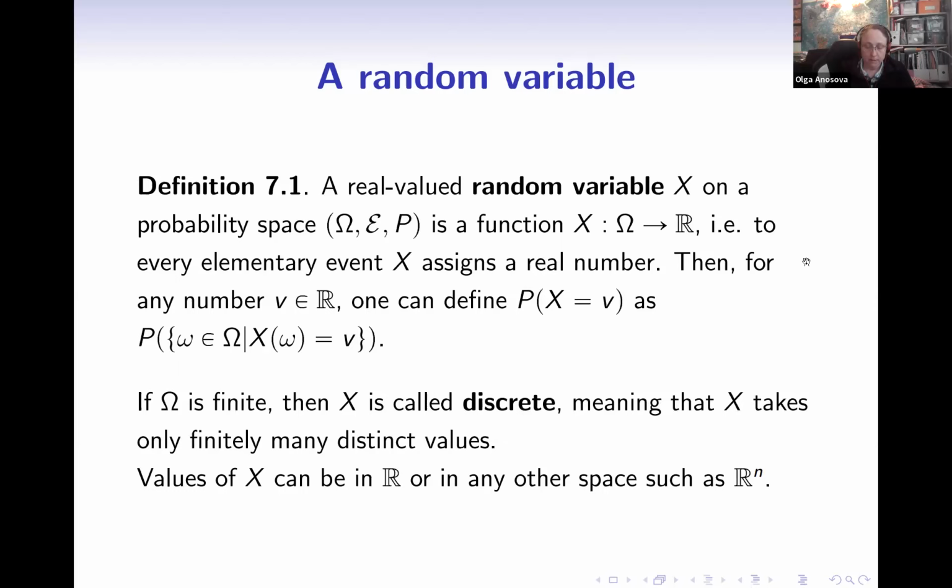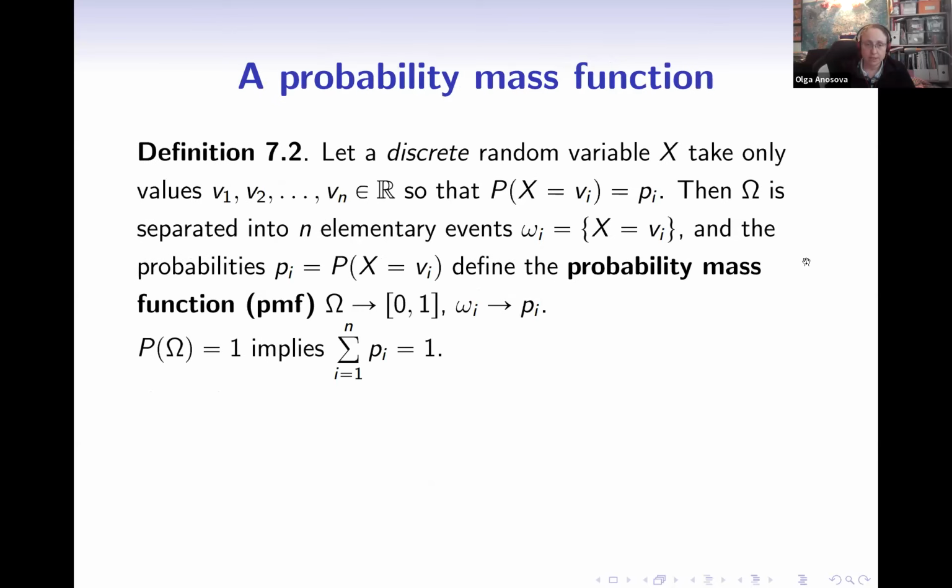So if we are in a finite case, then this random variable is called discrete, and then we can easily define the probabilities. And if we can define the probabilities, that means that we can define probability mass function. So probability mass function basically is just the set of those probabilities, so that a probability is defined for any value of our random variable with the important property that they sum up to 1.